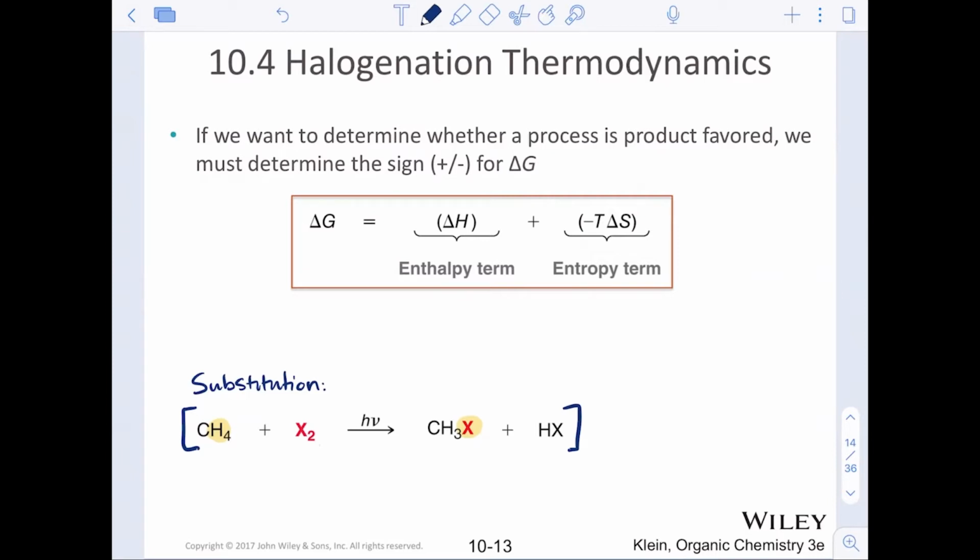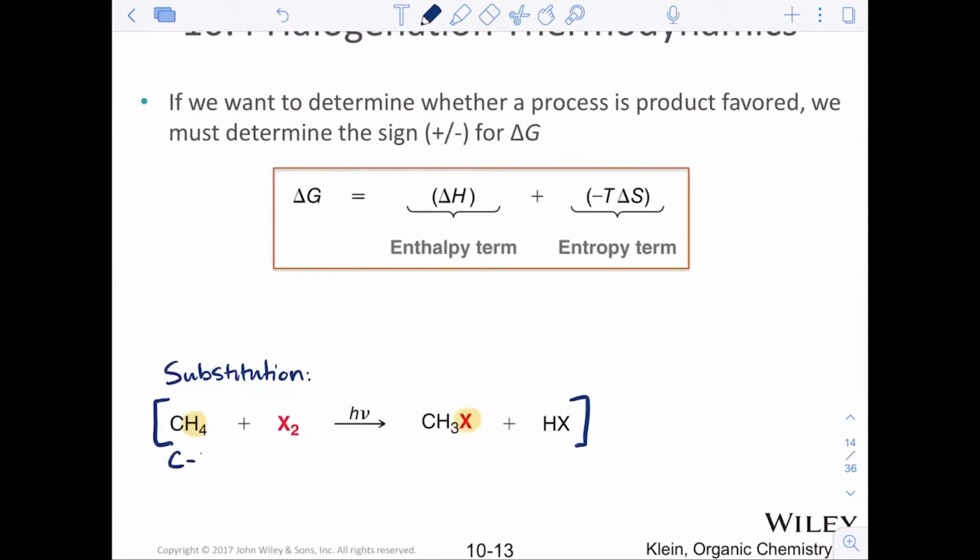Now, notice in this overall reaction that we have a couple of things going on. We have bonds breaking. We are going to be breaking the C-H bond and the diatomic halogen bond. We are making a carbon to halogen bond and an H to halogen bond.